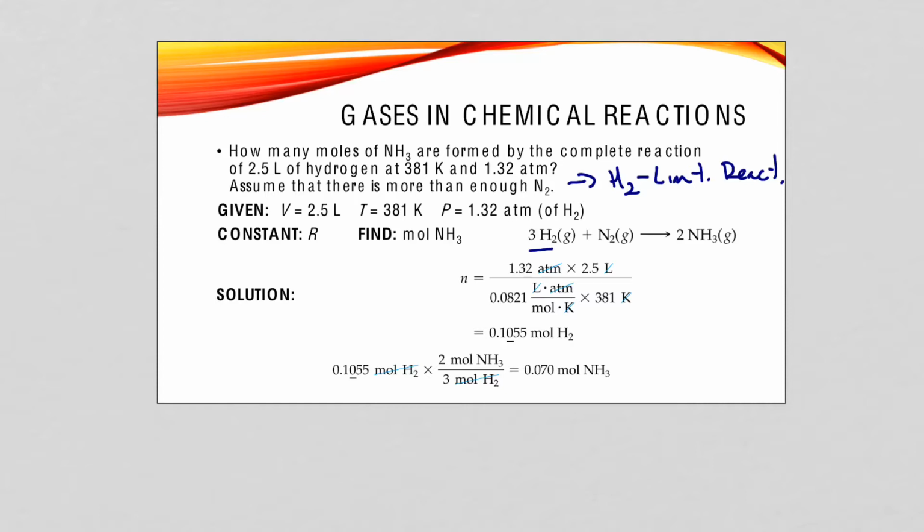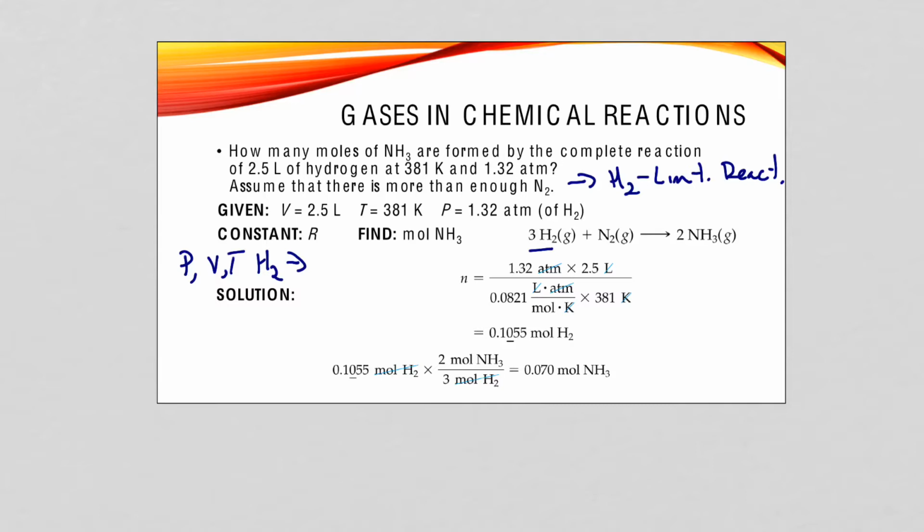So our first step, if we lay out the problem right, is we know what the pressure, the volume, and the temperature of our hydrogen is. Ultimately, we want to get to moles of ammonia.